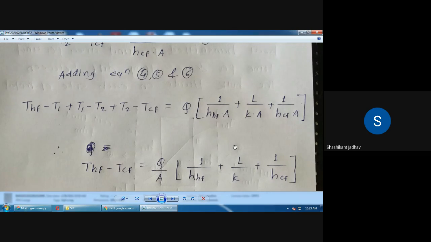The remaining left hand side is T_HF minus T_CF, which is equal to Q by A into bracket 1 upon h_HF plus L by K plus 1 upon h_CF.